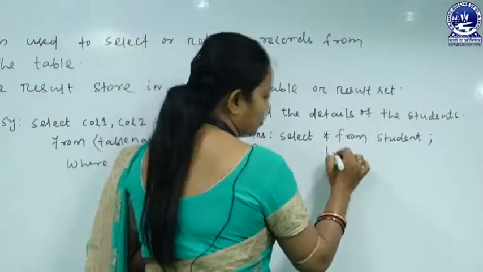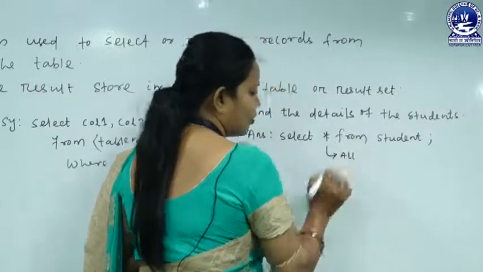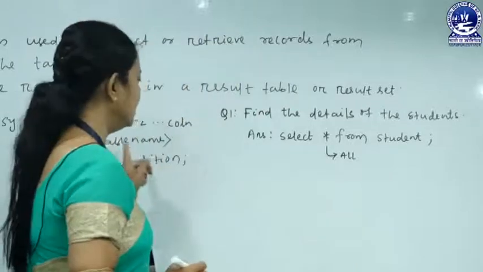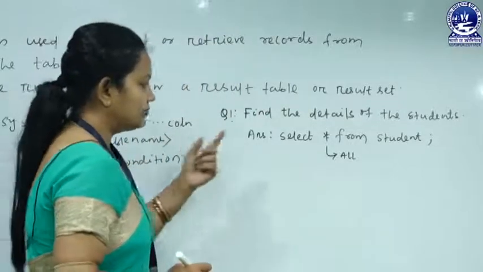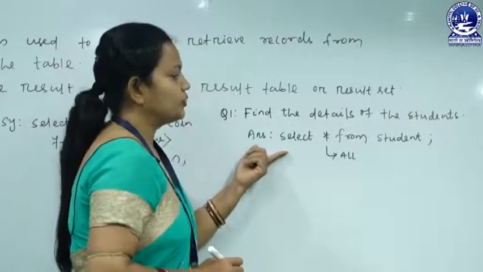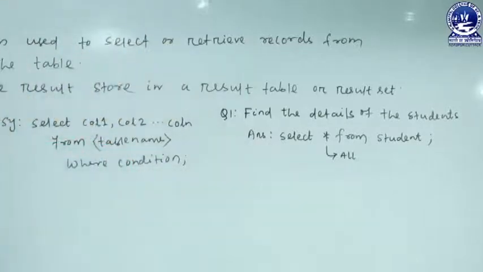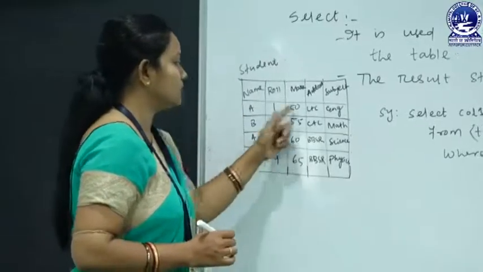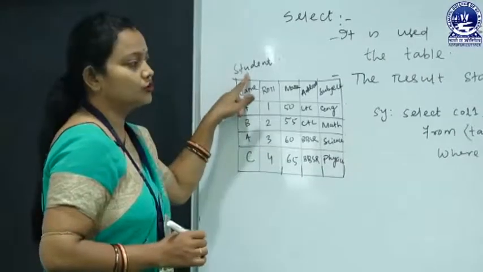This star means all. That means we have to retrieve all student information from the student table. Then after executing this statement, what will be the result? This becomes the result. That means this will display all the tuples of the student relation.